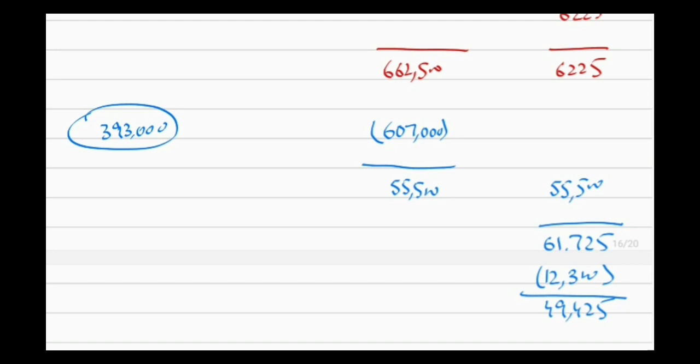The remaining BADA relief we can claim is 6,07,000. So the assets that qualify for BADA relief are 6,62,500, but we can only claim BADA relief on 6,07,000. The remaining portion is transferred to the assets that won't qualify for BADA relief. So now the amount of those assets accumulates to 61,725.